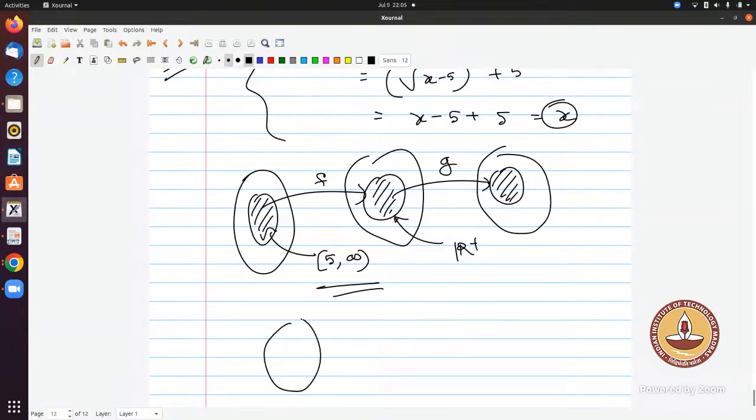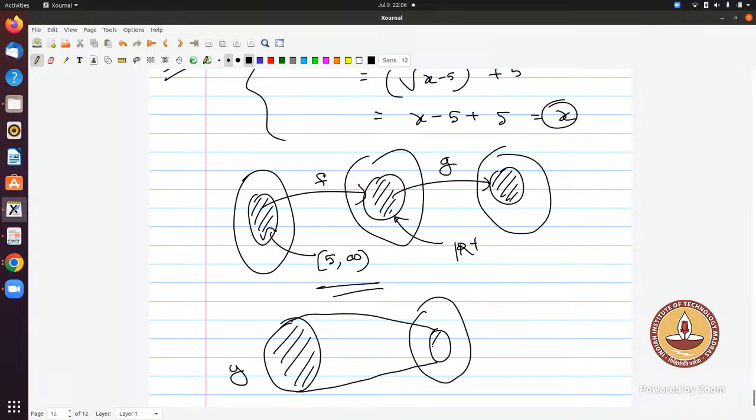First we have to apply G, right? Now G is from whole R. This whole R is basically its domain, but the range is only R plus. This is your G function, correct?